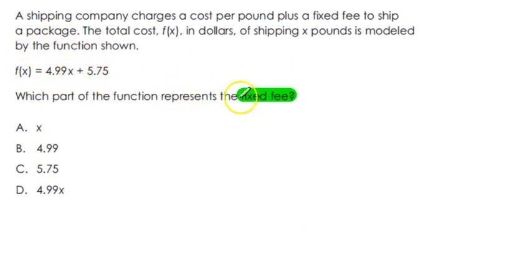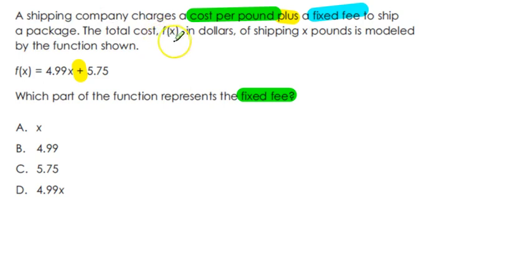We do need to go back and reread the question. So, shipping company charges a cost per pound plus a fixed fee. Okay, so very clearly plus is the plus sign. So one of these is the cost per pound, the other one is the fixed fee, so which one is which? Well, let's keep on reading.